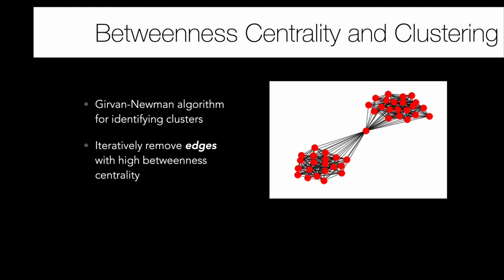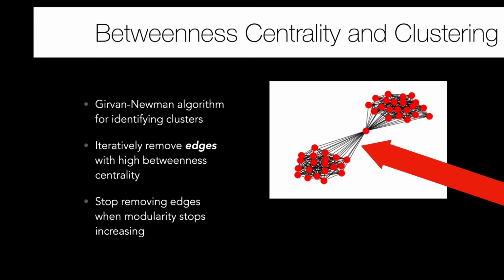So then we can take a given graph and iteratively remove edges that have this high betweenness centrality characteristic, that is, edges that exist in many shortest paths. So here in this sort of bow tie graph, you might remove these edges that are incident to this one node that has a very high betweenness centrality.